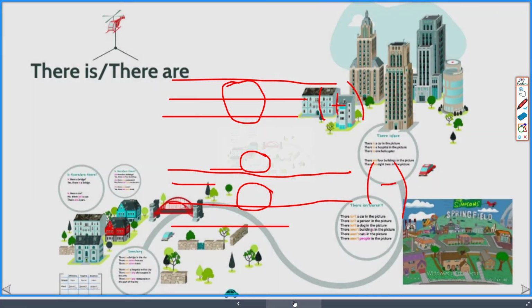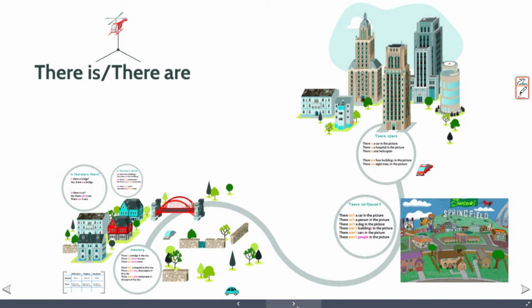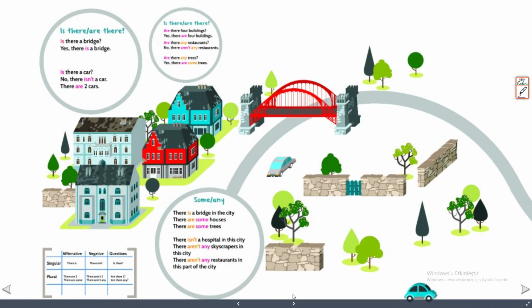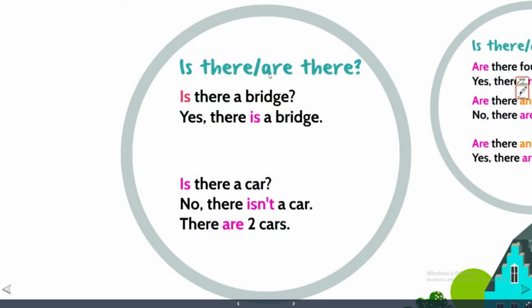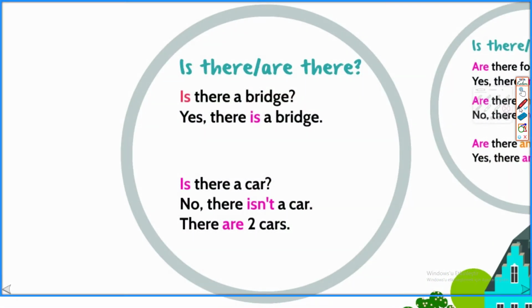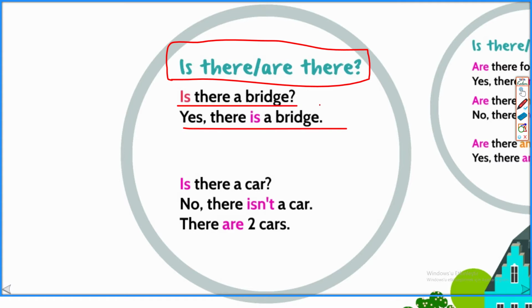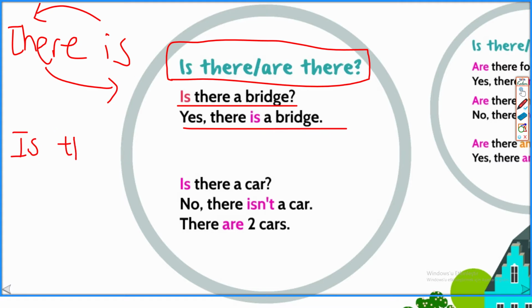Okay, and is there and are there, it is the question type of there is and there are. Is there or are there? Is there a bridge? Yes, there is a bridge. As you see, we just make a replacement and it is is there.